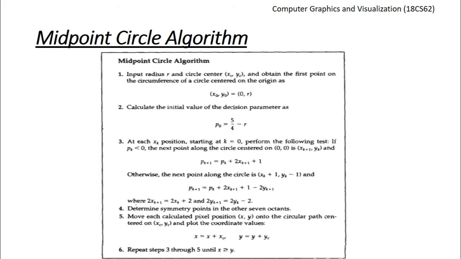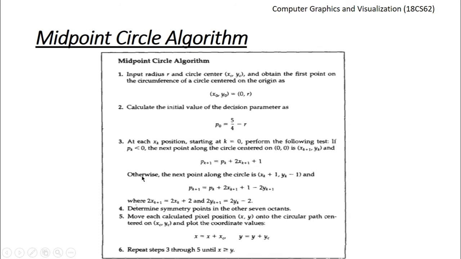Step number 3. For each xk position starting at k equal to 0, we need to perform the test if the value of pk is negative or positive. If it is negative, the next point on the circle centered at origin is given as (xk+1, yk), that is, increment x by 1 and retain y as it is, and compute the next decision parameter using this equation.